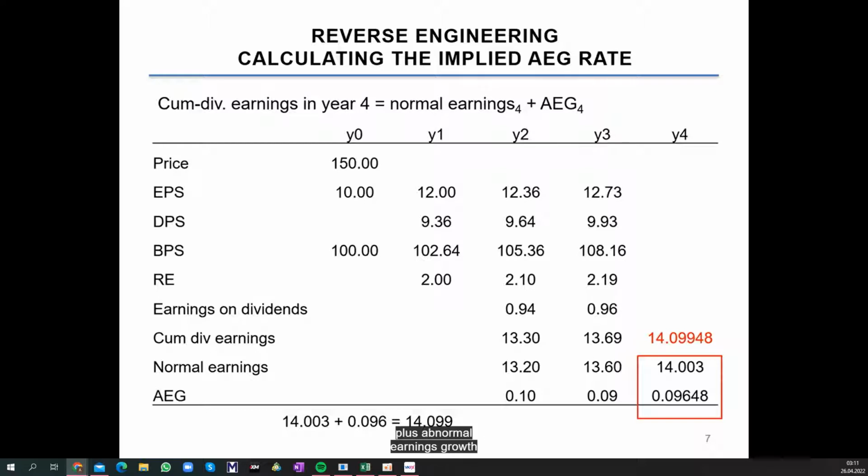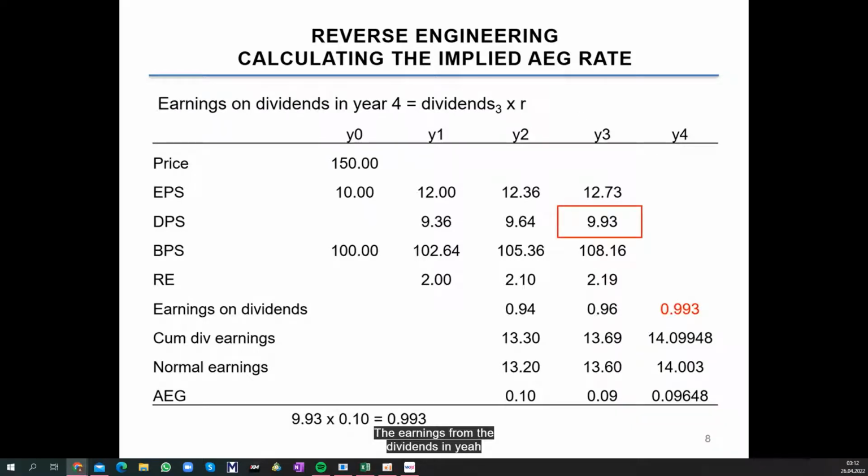Normal earnings plus abnormal earnings growth in year 4 is equal to the cum dividend earnings in year 4. That is 14 plus 0.096 is equal to 14.099.